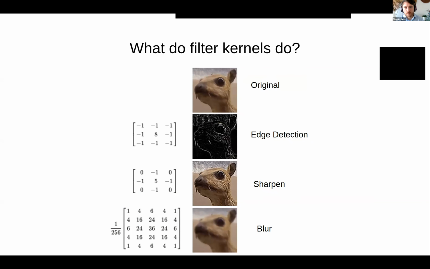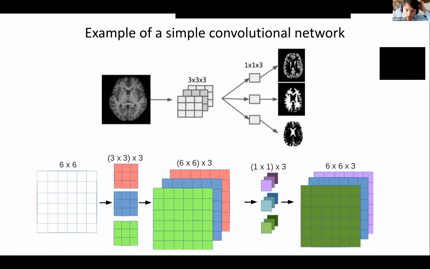Now the challenge is that these kernels are already well known in advance to have certain properties, and we don't necessarily know what kernels would be useful for looking at our brain images, or what features are relevant for learning the particular task we're interested in. So instead of using a traditional neural network, we use a convolutional neural network.